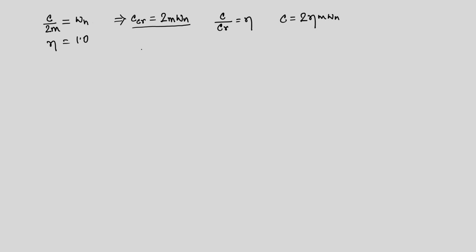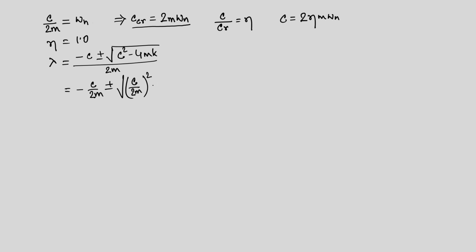We have lambda, if you recall, lambda is equal to minus C plus minus square root of C square minus 4 m k, divided by twice m. So, our condition is C by twice m. So, minus C by twice m plus minus square root of C by twice m whole square minus k by m, which is equal to omega n square.